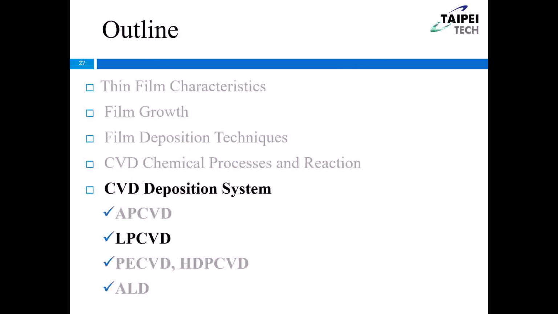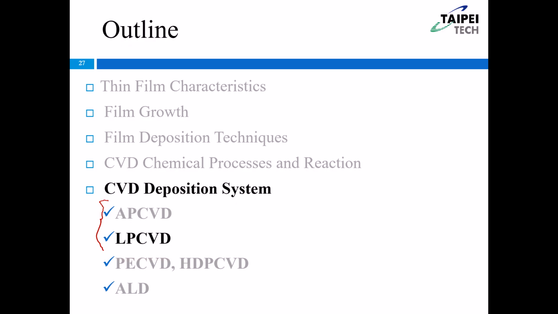Okay, right now we go down to see the LPCVD, low pressure. Those two CVDs we can usually compare with each other, because low pressure means we don't have air, and atmospheric pressure means we have a lot of air.